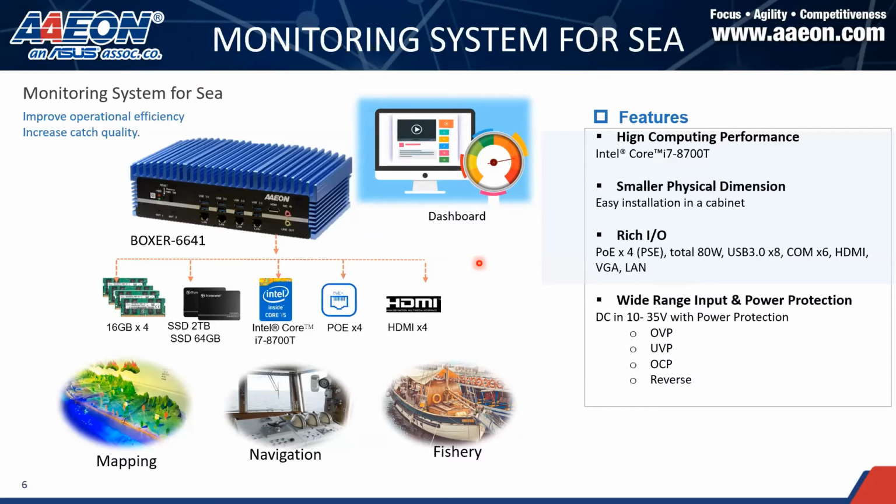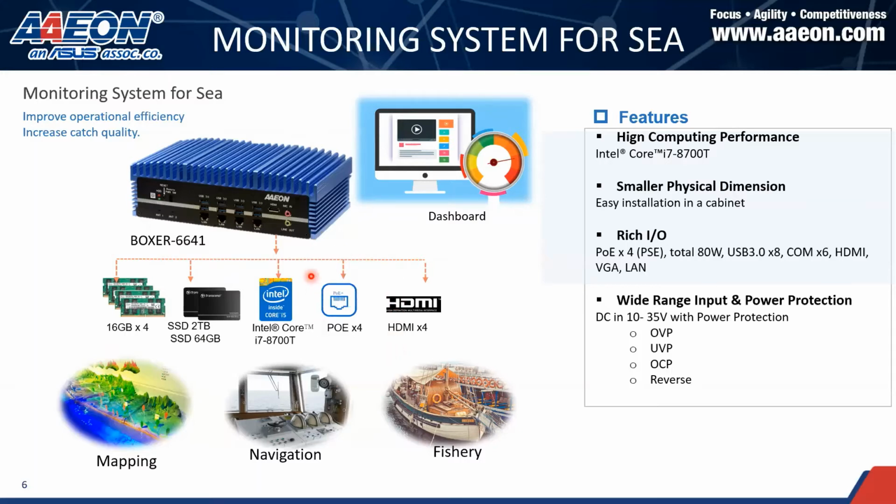Our customer's combination is, like I mentioned, the Boxer 6641, which comes with 2 internal 2.5 SATA support, so our customer can use it for a very large capacity of storage. And then we did a lot of customization on this model. For example, the customer required PoE ports. The standard 6641 does not come with PoE ports, but we are really flexible.